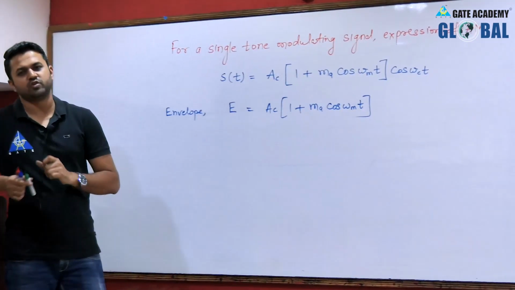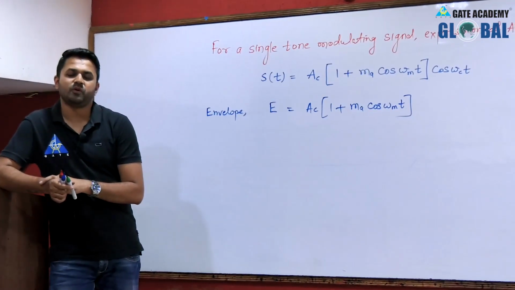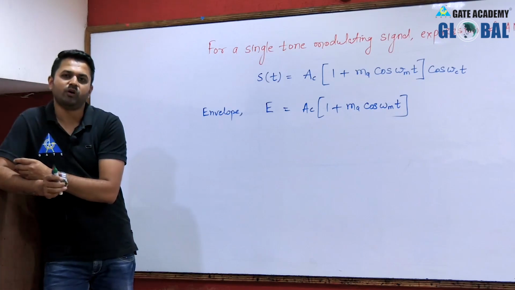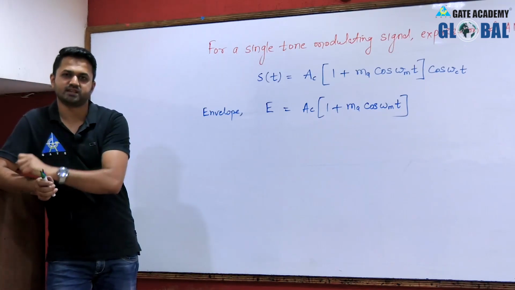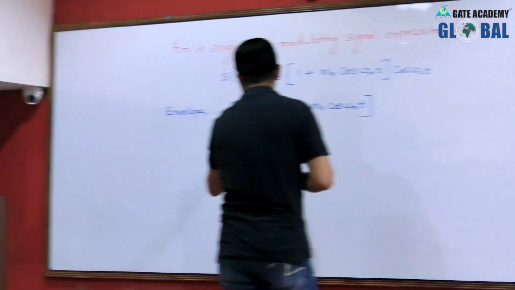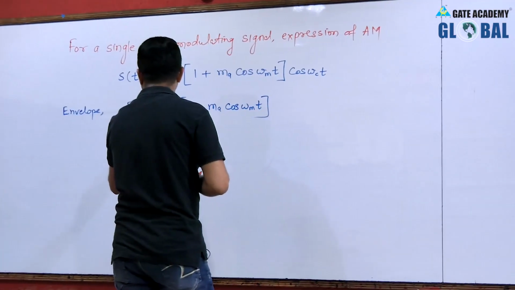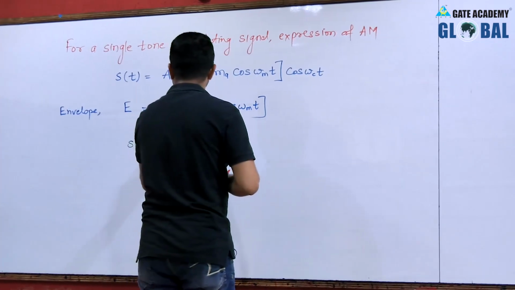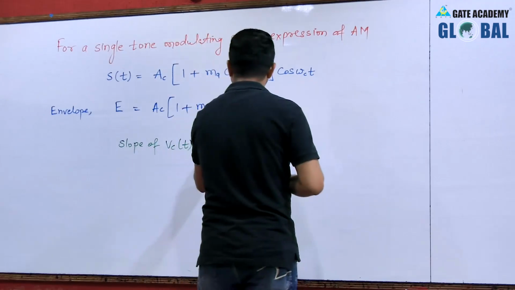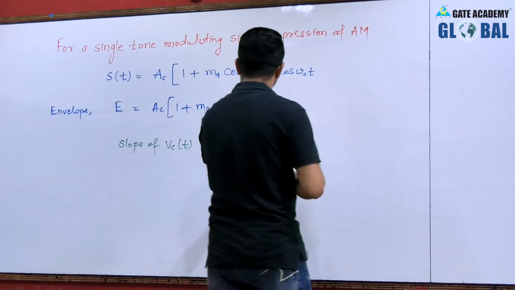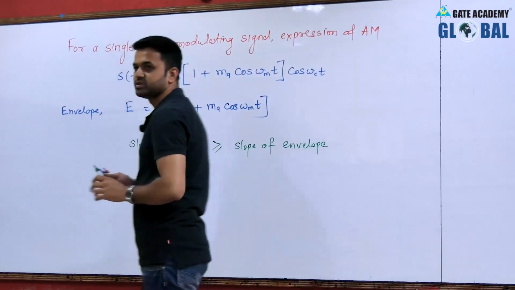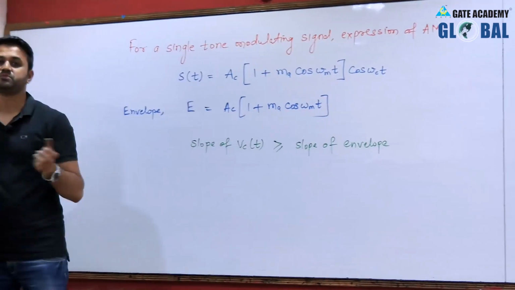To follow the envelope properly, the slope of the capacitor voltage should be greater than or equal to the slope of the input signal, that is, the AM signal. So we consider that the slope of the capacitor voltage Vc(t) should be greater than or equal to the slope of the envelope, because the envelope should be followed.